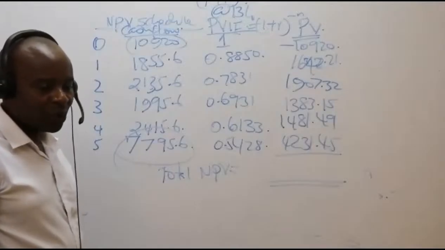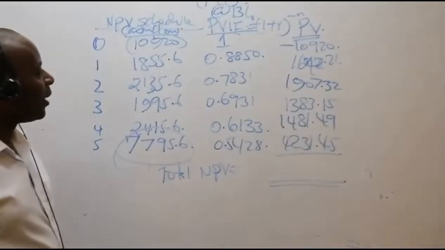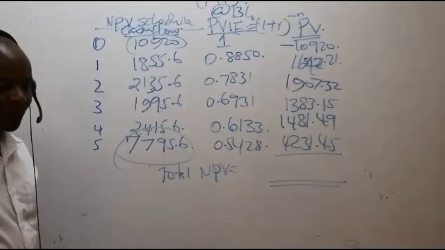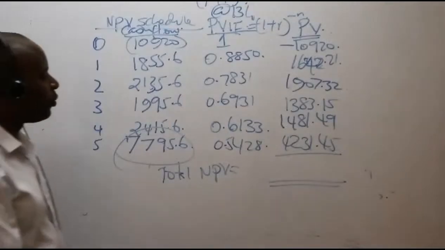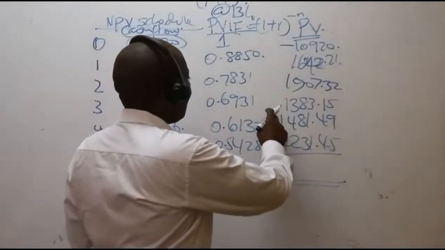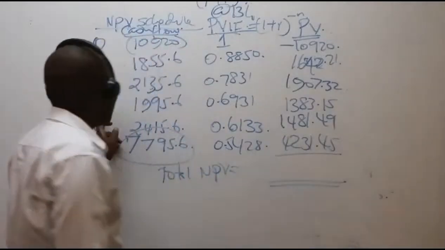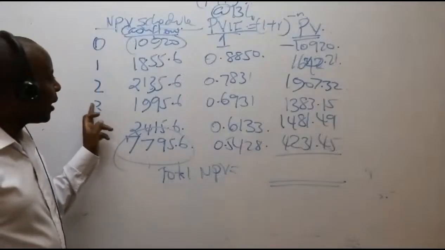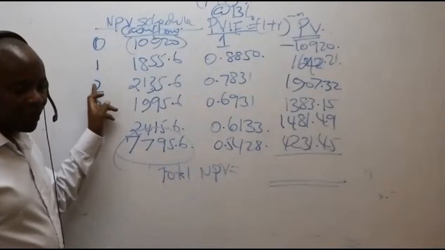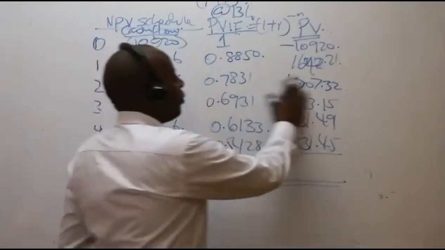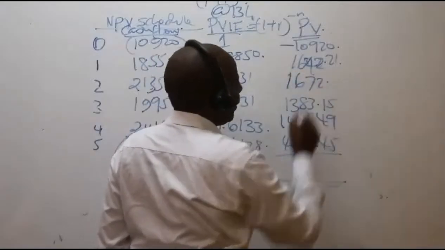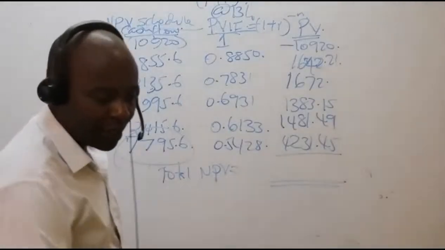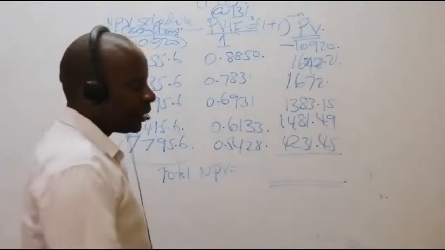The third figure is supposed to be 1670. Now, are we talking of the third year or second year? Year 2. Year 2 is supposed to be 1672.39. Thank you very much.